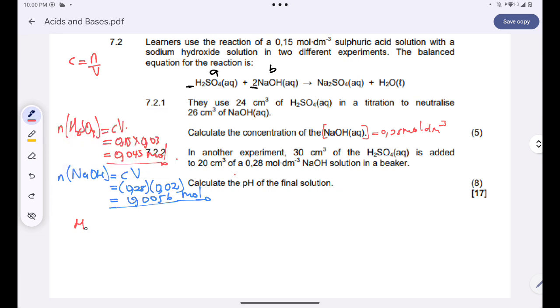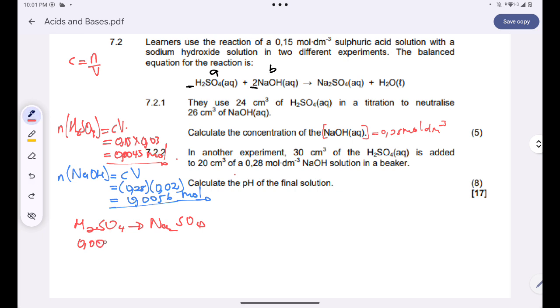I know that 1 mole of sulfuric acid will give me 1 mole of sodium sulfate, but now I have 0.0045 moles. Excuse me, I omitted a 0 there.